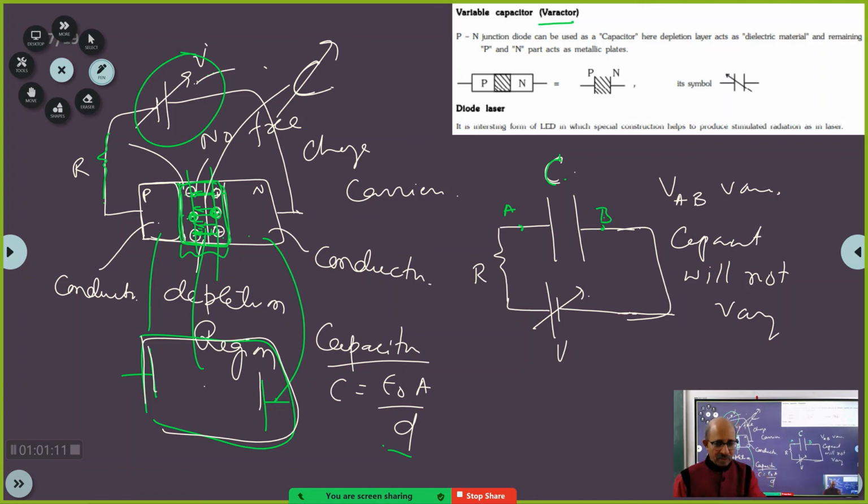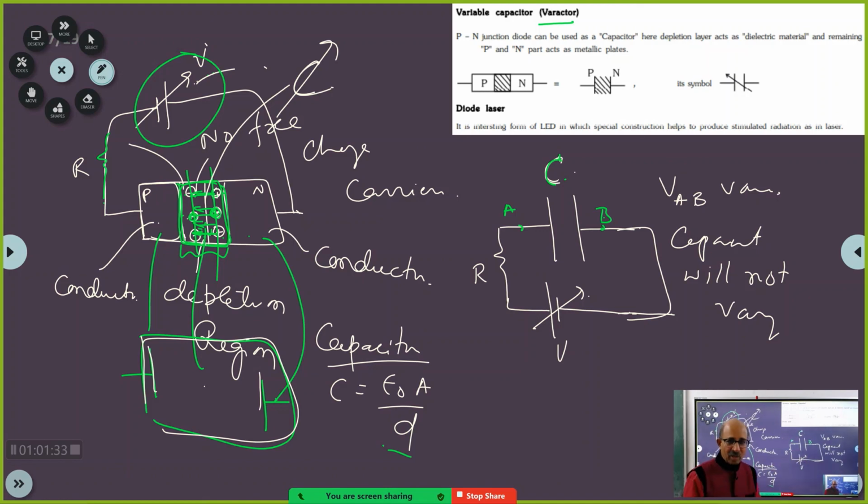Whatever I could explain using logic, I have explained. But if you want to go into the depth of it, then I should give you the math model of the depletion layer, which contains many very complex terms. It's not for you and me in this class. Just understand the principle.